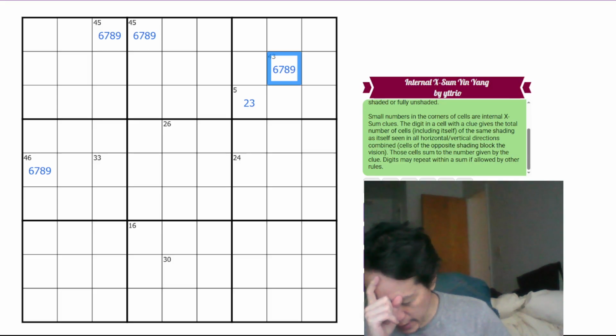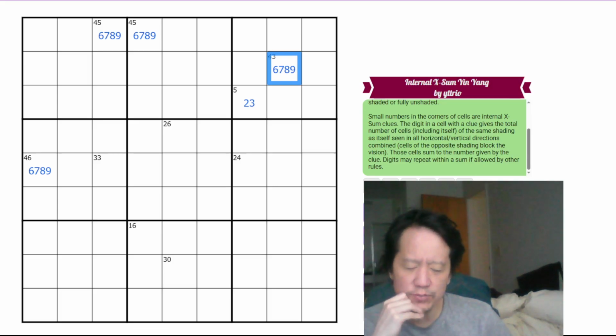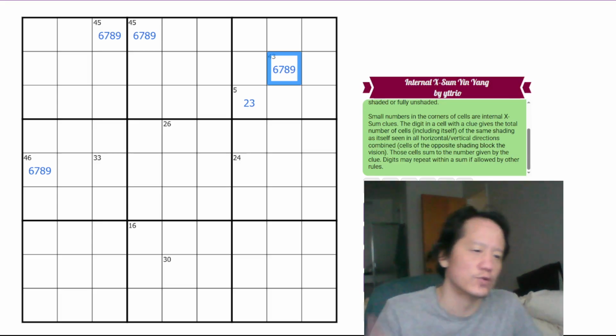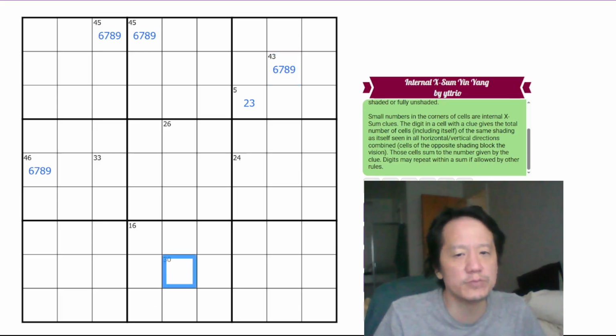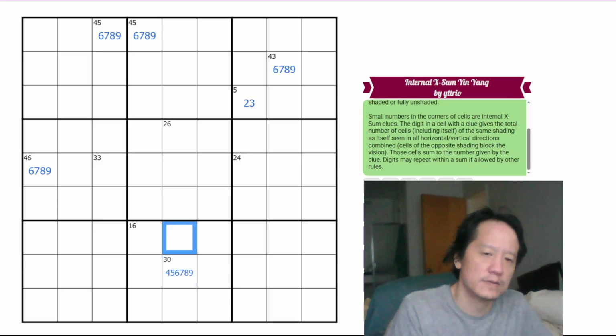So 8 and 9, 17 plus 9 is 26, plus 4 is 30. So this could be 4 through 9.